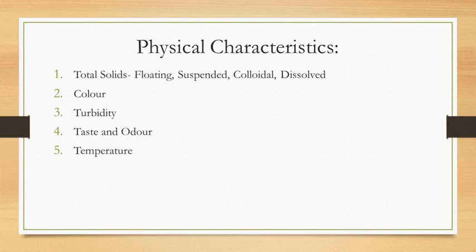Next, taste and odor are due to the presence of organic matter, industrial waste, and algae. And temperature: as the temperature increases, there is growth of undesirable water plants and sewage fungus, which increases the rate of biochemical reaction and decreases the oxygen in that water. So these are the different physical characteristics of wastewater.